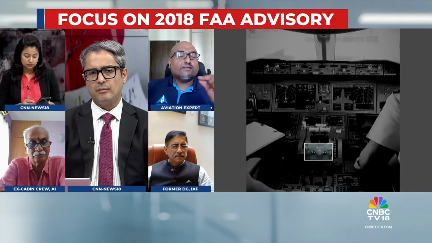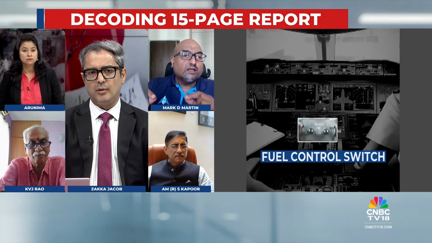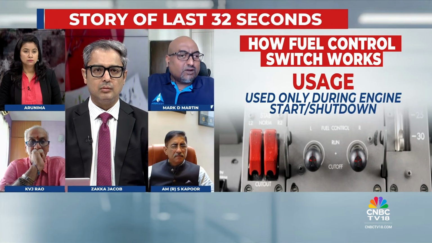So the flight data recorder data is binary, Zaka. It just shows 0 or 1. 1 is on, 0 is off, or it might show 2, 3 as part of a setting. It's digital. And this DFDR is one of the most advanced in the world because the 787 also has a cockpit camera, and that cockpit camera records all action.